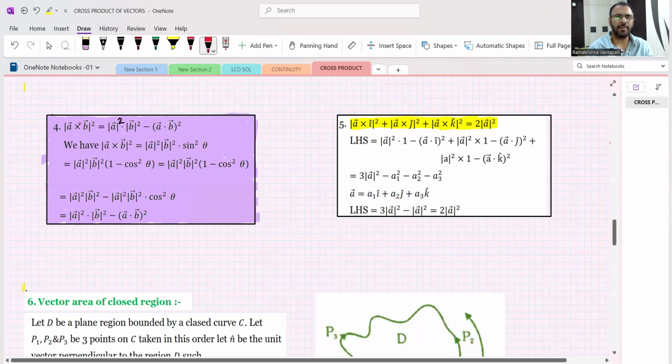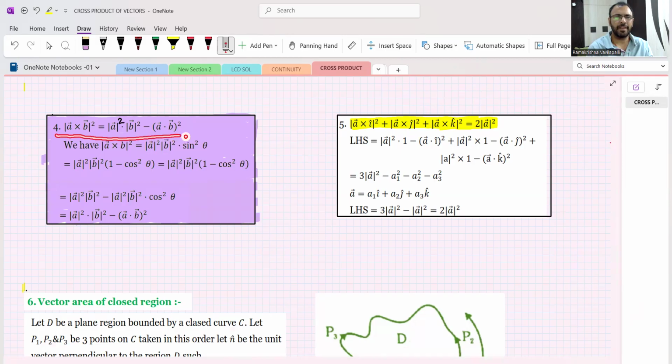All right. Here is the most important formula: modulus of A bar cross B bar whole square. Every piece of information and every deduction is very, very important. Modulus of A bar cross B bar whole square is equal to mod A square into mod B square minus A bar dot B bar whole square.